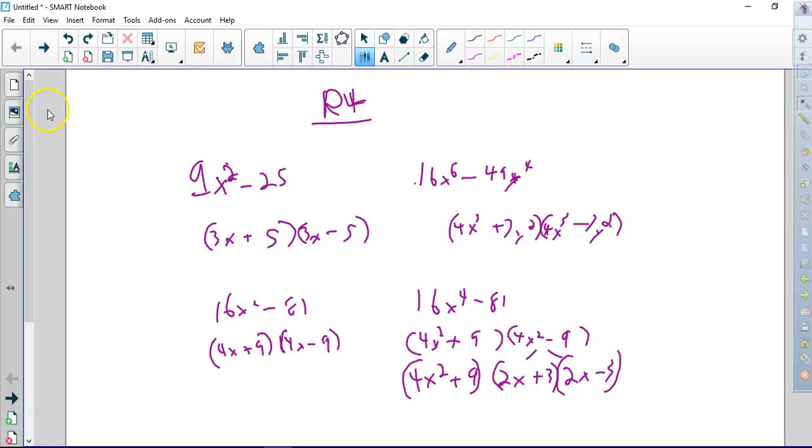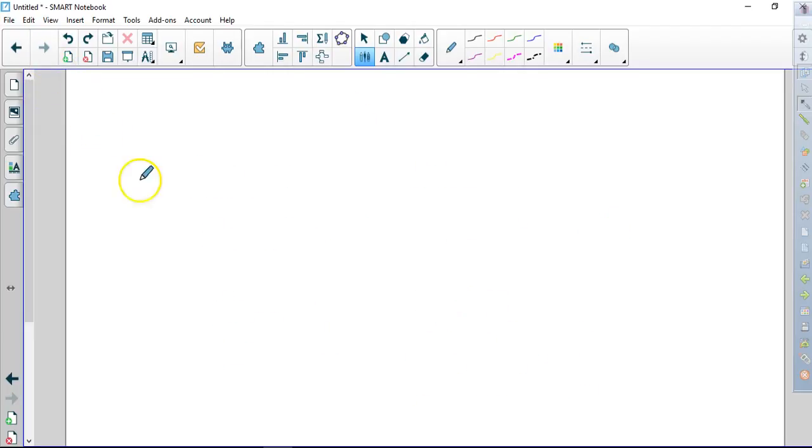Now, there's also what's called a perfect square trinomial. And that's when you have something like this. You have perfect squares on the end here.